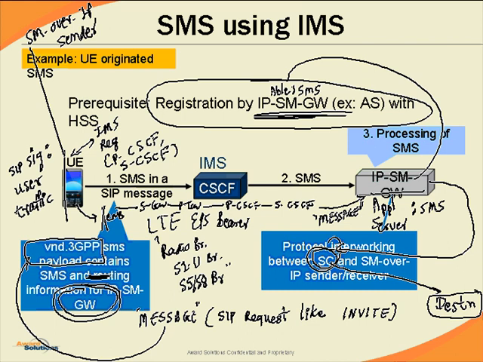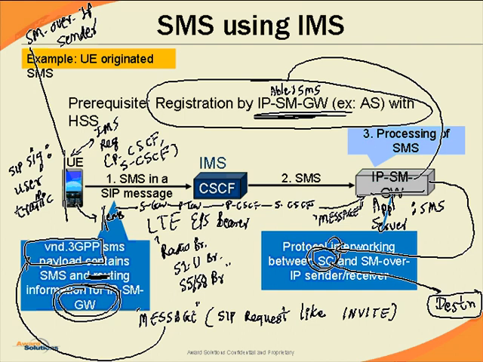If it is a UE terminated SMS, then it's exactly the opposite. The SMS service center would send a message to the application server, because the HSS knows that this application server is capable of supporting SMS.